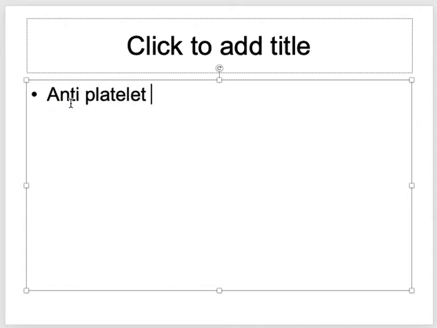Antiplatelet agents have a protective role in patients. So of course we give aspirin, which is the first choice, plus clopidogrel we can give. So that's how we manage.